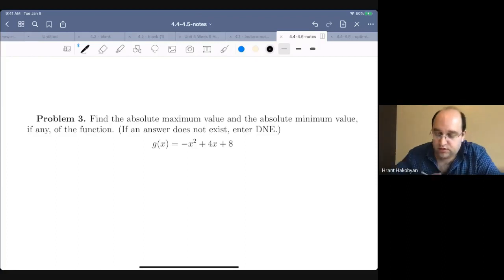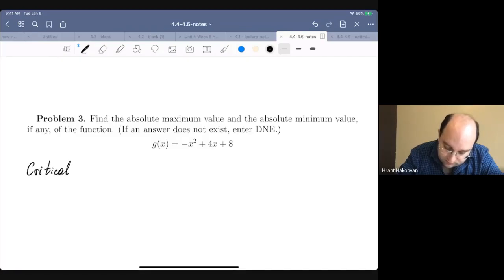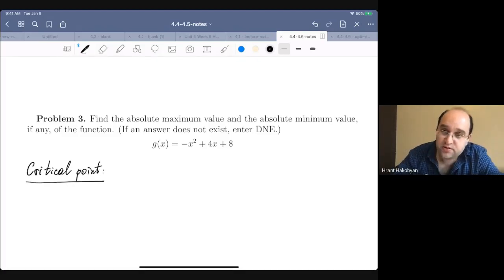So what do we need to do? First, of course, we have to find the critical points. So what are the critical points? Those are the points where the derivative is equal to 0. That's where I can have a local maximum or a local minimum.